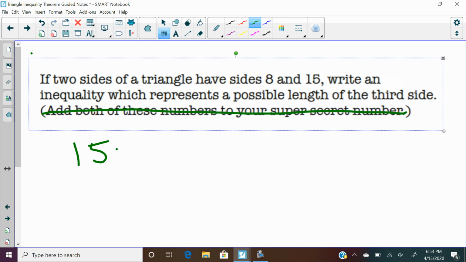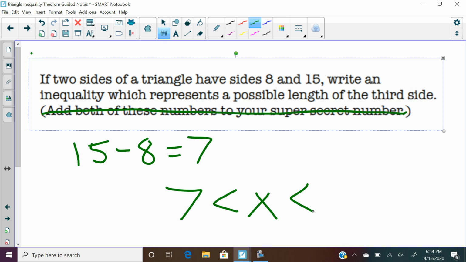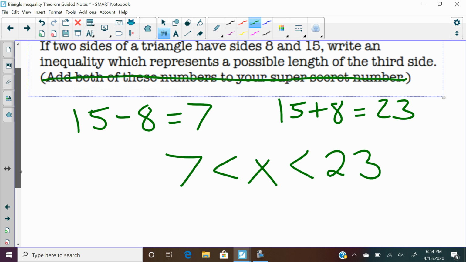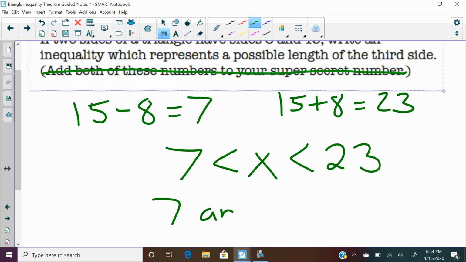So we do 15 minus 8, which equals 7. So x has to be greater than 7. And then to find the biggest side, we add them together. So 15 plus 8 is 23. In the practice today, the way I have you writing this out is you would write 7 and 23, because it has to be between 7 and 23 to make a triangle.